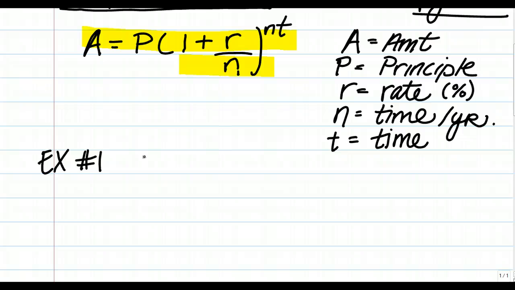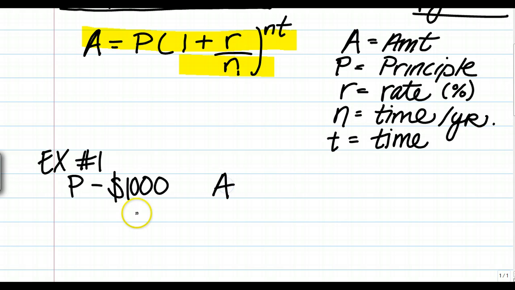So you have $1,000, so you're going to invest that. That's your principal. That's how much you're starting with. You're going to put it into the bank, and you want it to triple in value.